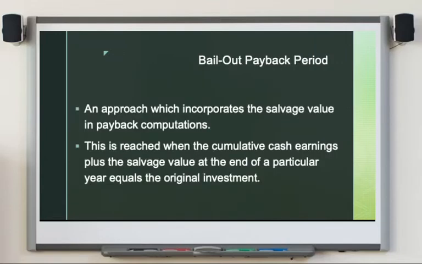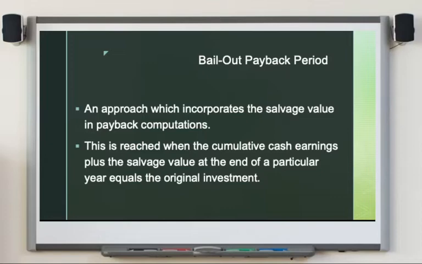Next is a modification of the payback period. This one still does not consider the time value of money, but considers the salvage value as part of the cash inflow or the estimated cash inflow for every year. This is reached when the cumulative cash earnings plus the salvage value at the end of the particular year equals the original investment.